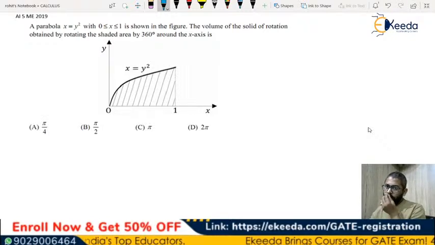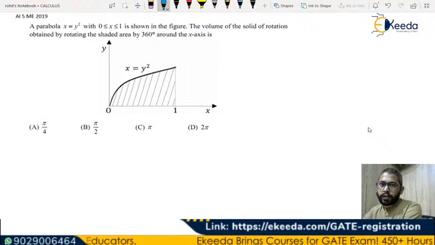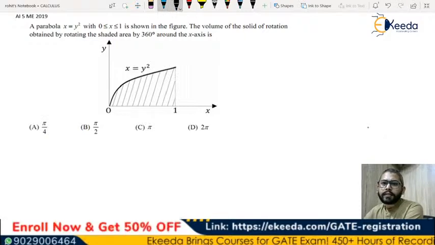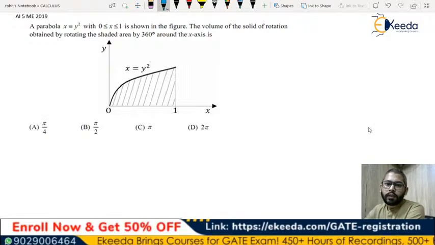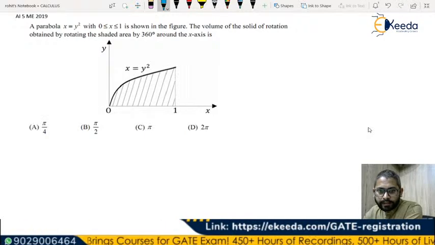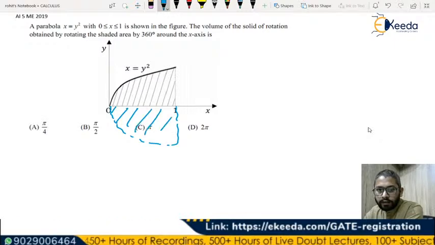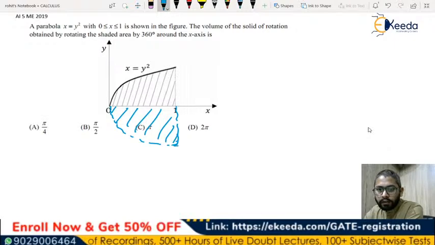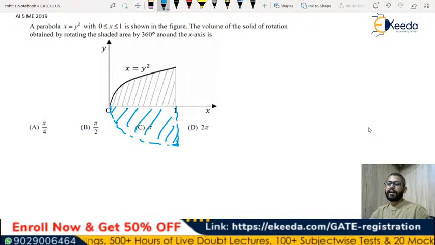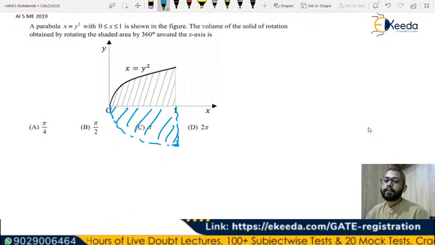It is about the volume of the solid of rotation. That means when you rotate this curve, it will come like this, right? And in that case you have to find the volume.